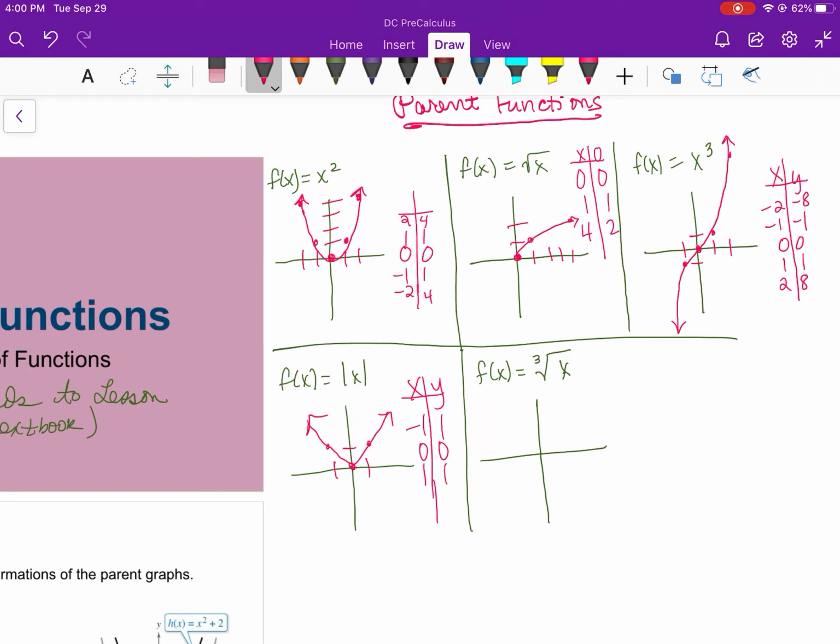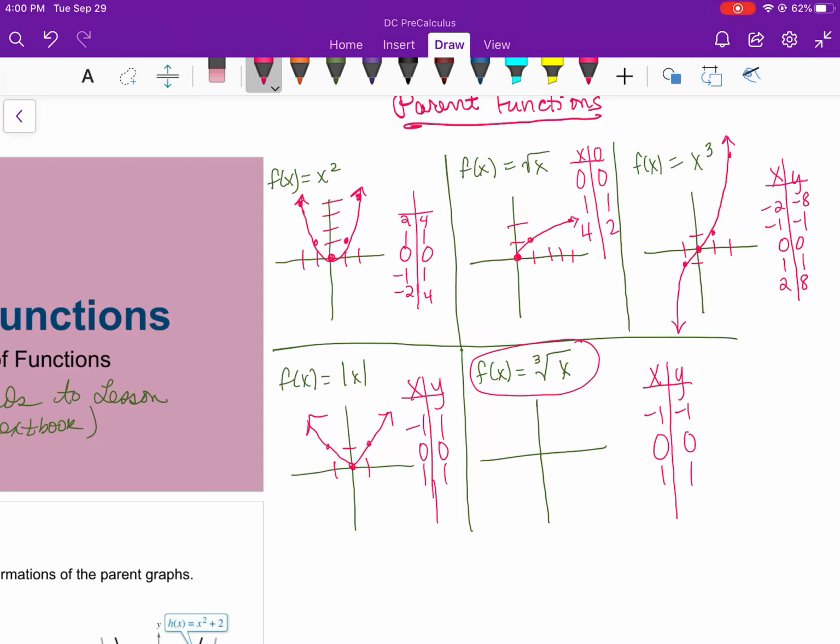And then the x to the third is the inverse of the cube root of x, which is what I have here. For an inverse, we're going to just flip our points around. So the cube root of 0 is still 0. The cube root of 1 is still 1. The cube root of negative 1 is negative 1.